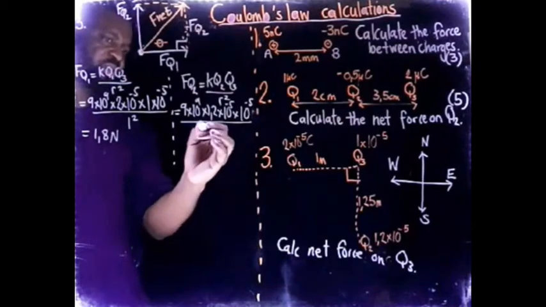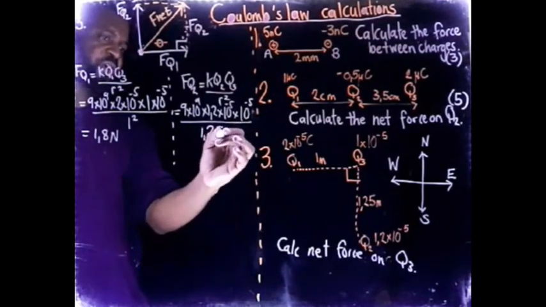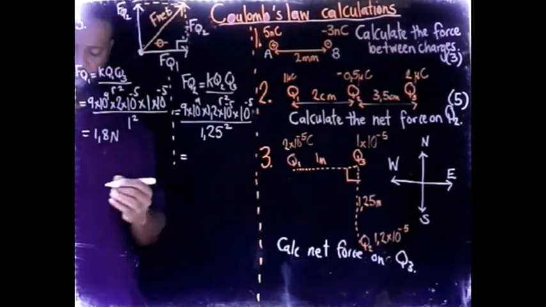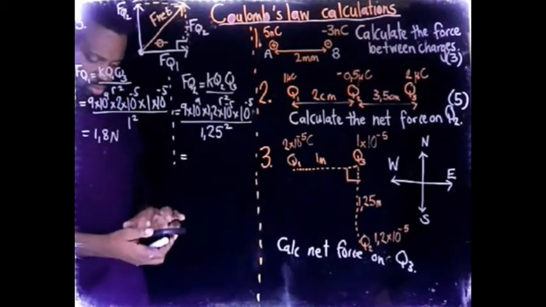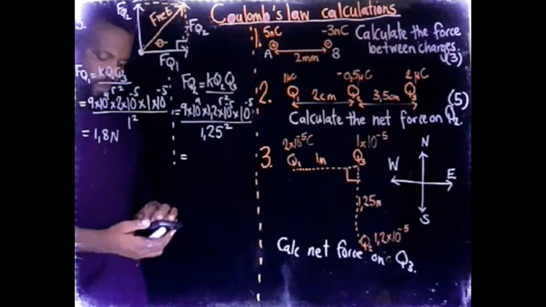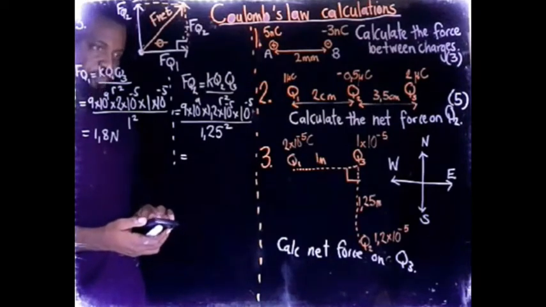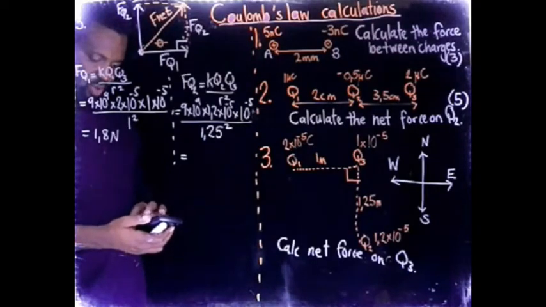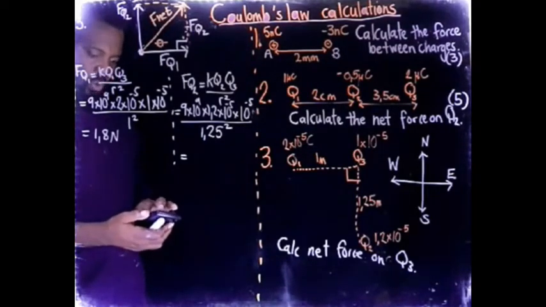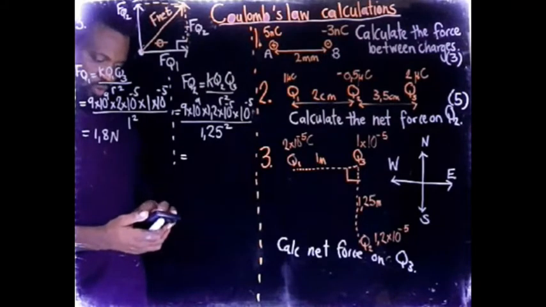All over distance 1.25 squared. Calculator, hello. Now, 9 exponent 9 times 1.2 exponent negative 5 times 1 exponent negative 5 all over 1.25 squared.